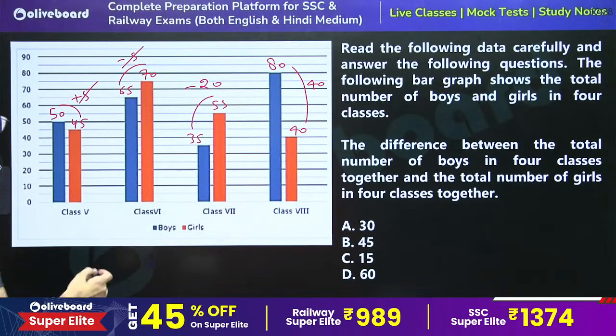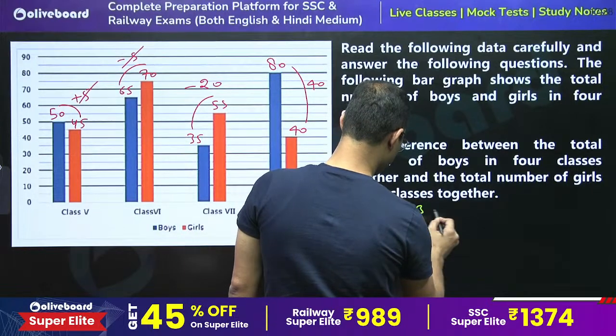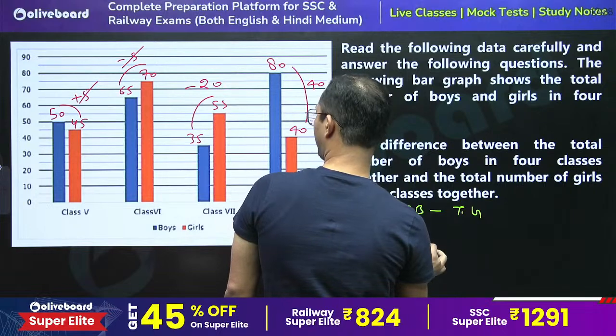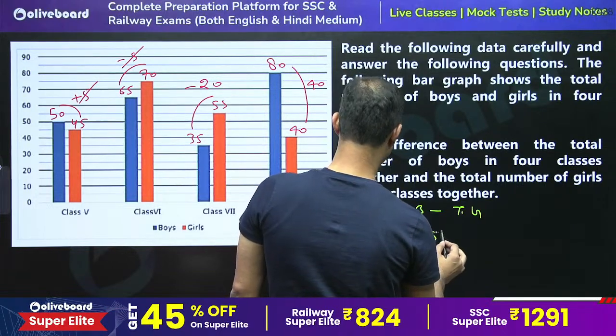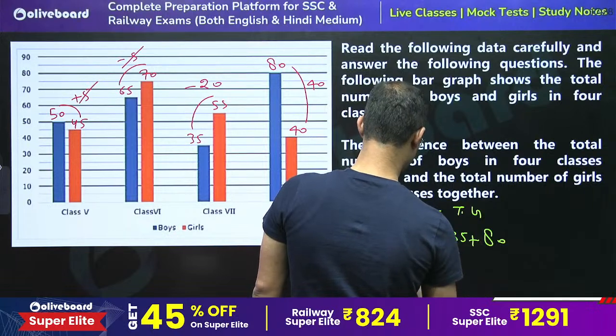See, the total number of boys, how much? We have to take total boys minus total girls. So total boys 50 plus 65 plus 35 plus 80, right?